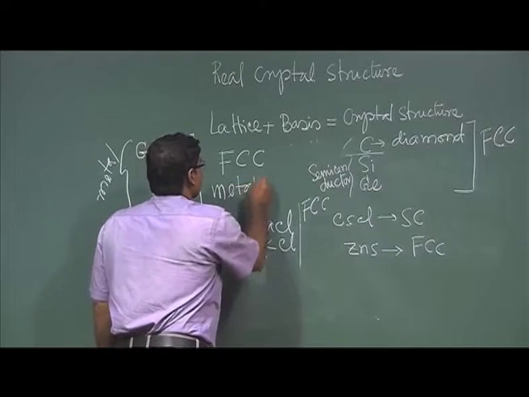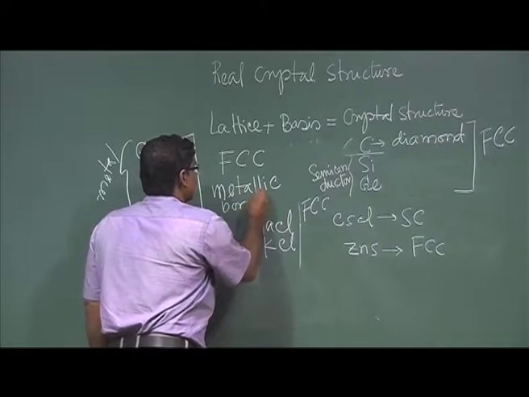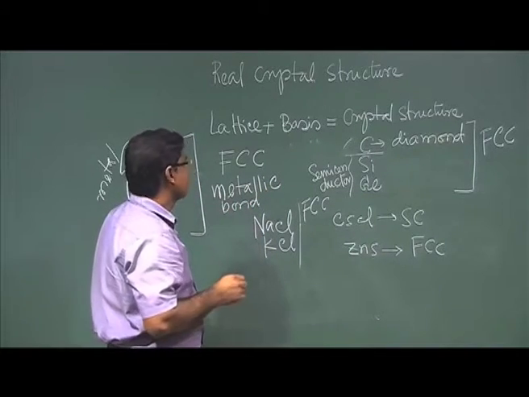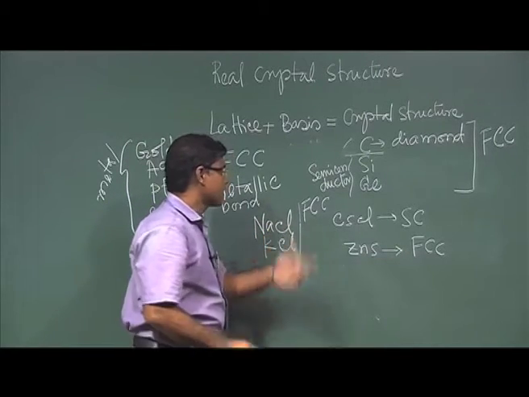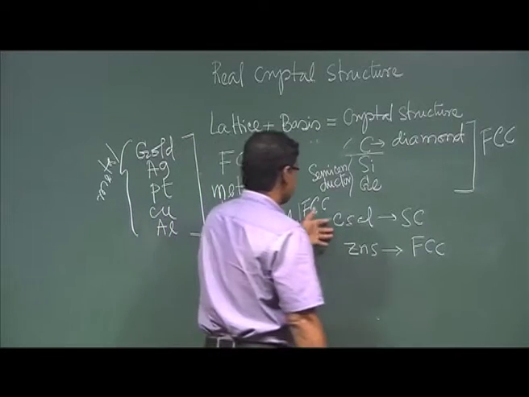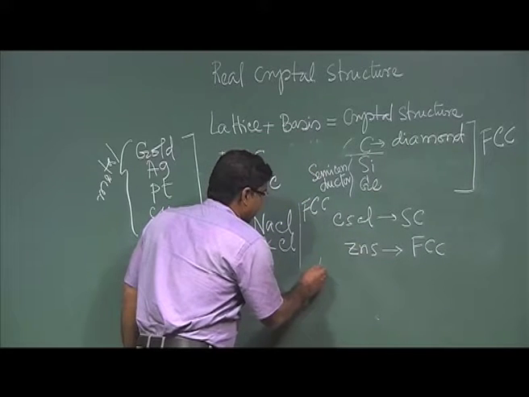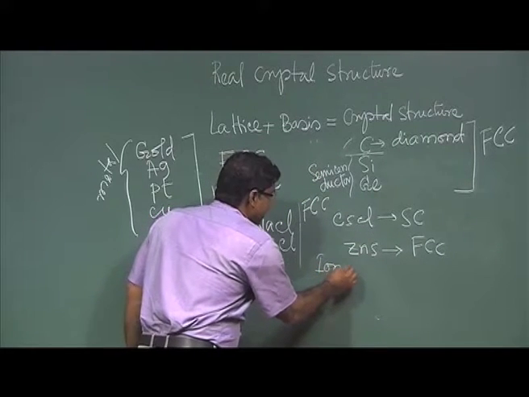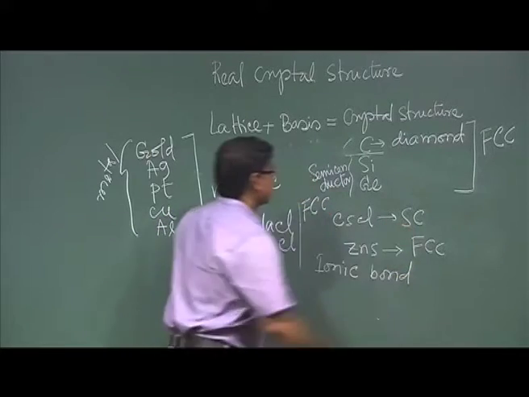Metallic bonding is metallic bond, okay. And for this type of material, the sodium chloride, potassium chloride, cesium chloride, here basically ionic type of bonding, ionic bond, okay.